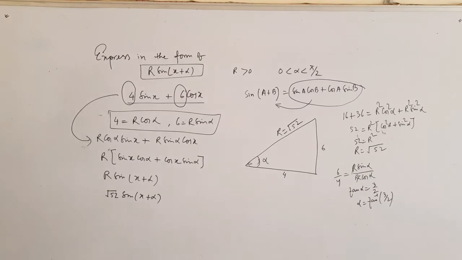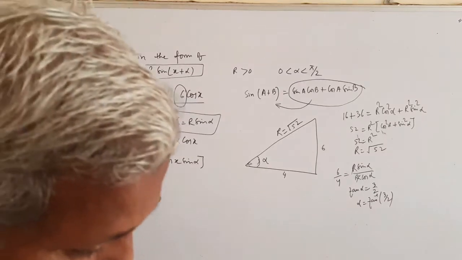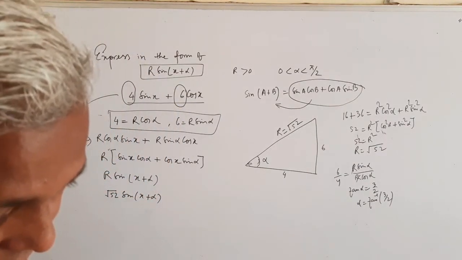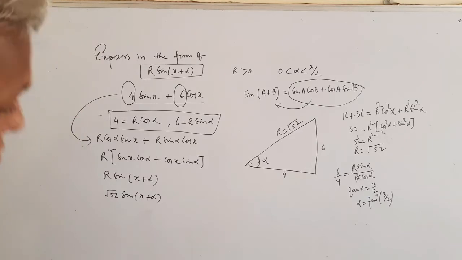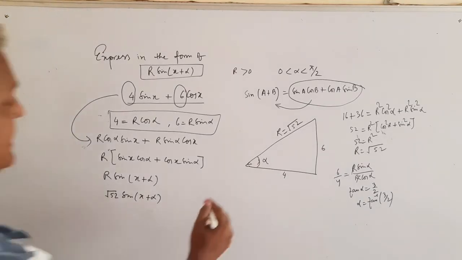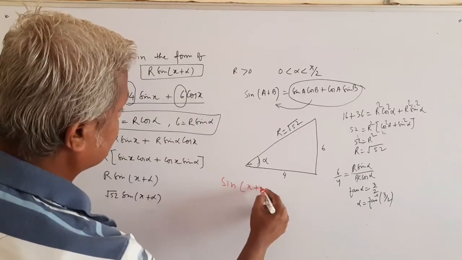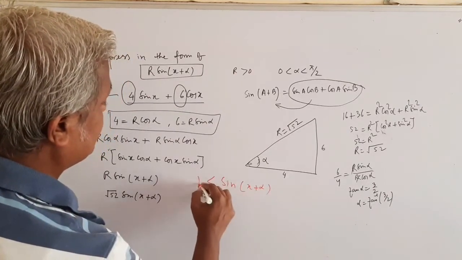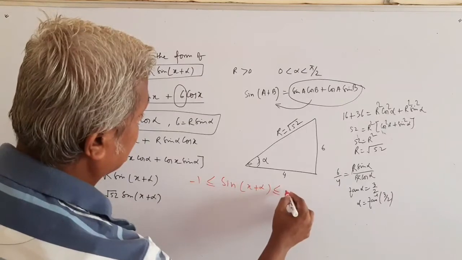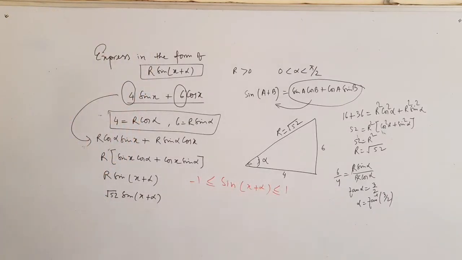Now sometimes they ask you to find the maximum and minimum value of this expression. How to do that? So for that, you know that sine of whatever is always less than or equal to 1, and greater than or equal to minus 1. So now you multiply by root 52.